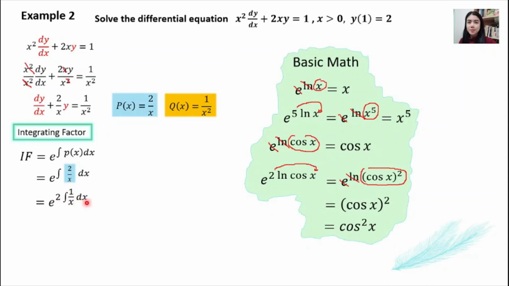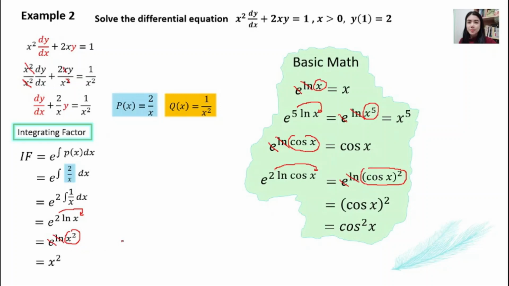Now 1 over x, if you integrate it, basically gives you ln x. Then you use the basics that we learned just now. You can bring the 2 to the power, so you have ln x to the power of 2, and then this is equal to x squared, because you can cancel the e and the ln.